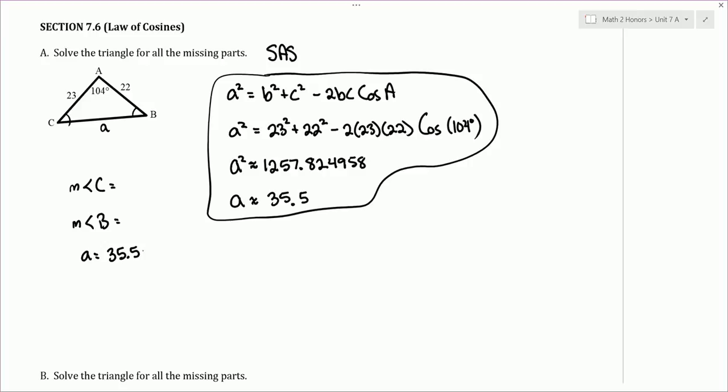So say I want angle C next. So then I start with c squared equals a squared plus b squared minus 2 times a times b times the cosine of c. And so in this case, c is 22.